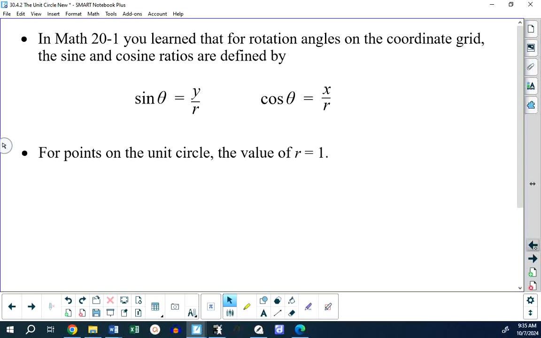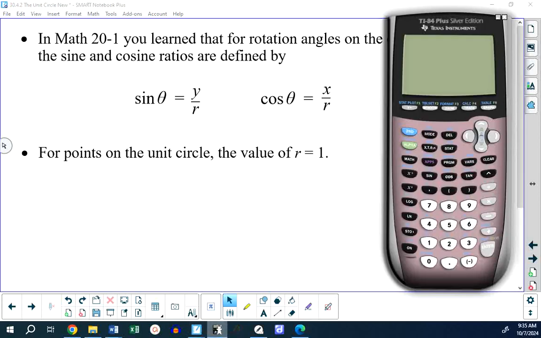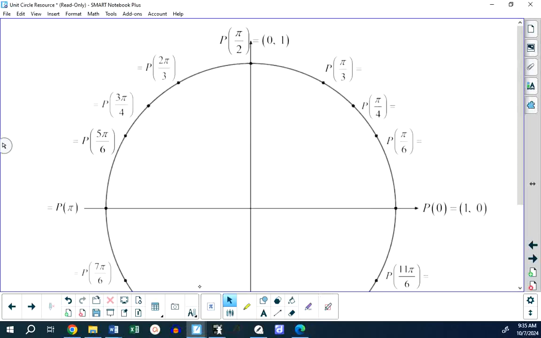Take, for example, on your calculator, we'll go in degree mode. 135 degrees is that.